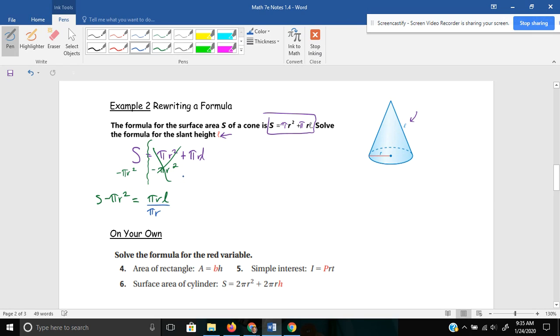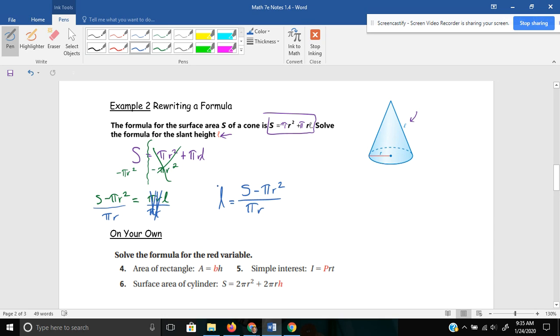Well, you could just divide it. And you can divide by pi r in the same step at the same time. So I could divide by pi r on both sides. Pi divided by pi is 1. R divided by r is 1. And now I've isolated my slant height, L equals my surface area minus pi times radius squared, divided by pi times radius.